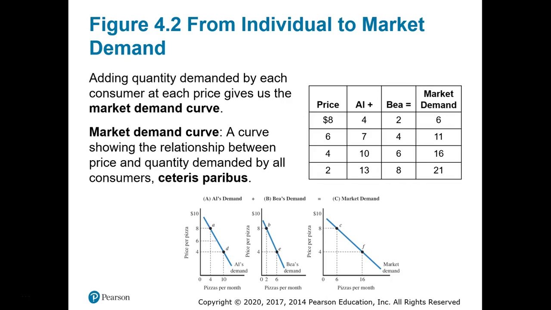But when we combined them together for the $8, there was a grand total of 4 plus 2, giving us a total of 6. That's the market. At 4, we take the 10 and the 6, and that gives us 16 for all the stores at $4.